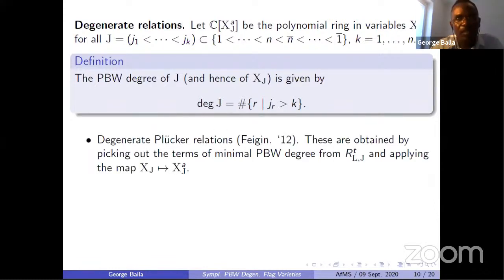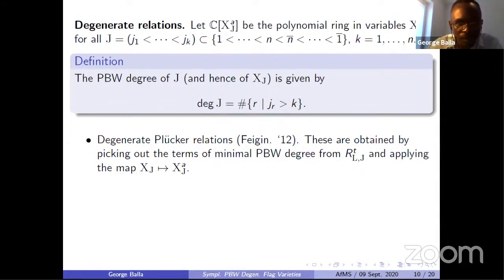Now, what Fourier proved in his paper about degenerate PBW flag varieties, done for type A, is that he obtains relations from the original Plücker relations by using this degree, which I will explain.